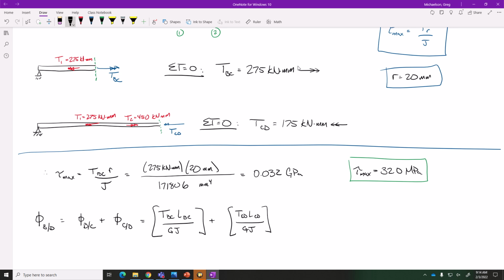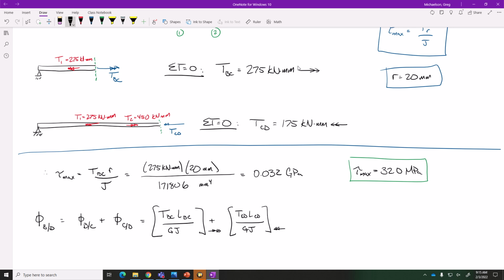The only thing to keep in mind is that this shaft experiences a torque this way, and this shaft experiences a torque in this way. So what you're actually going to end up doing is not adding these two, but subtracting them.